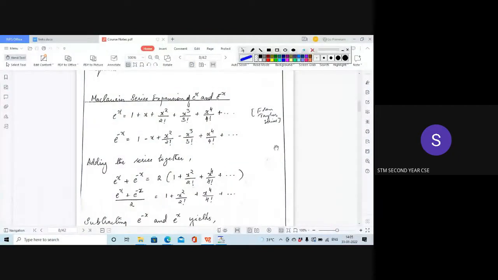So we had two types of functions. One is the ordinary generating function and the other is the exponential generating function. An ordinary generating function is of the form 1 plus x plus x square plus x cube, etc. That is a0 plus a1x plus a2x square and so on, isn't it?